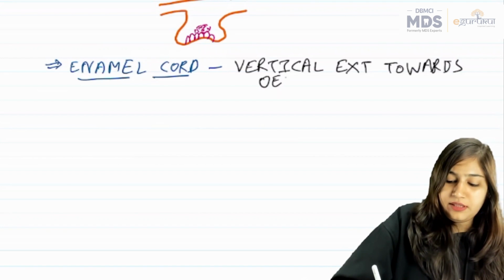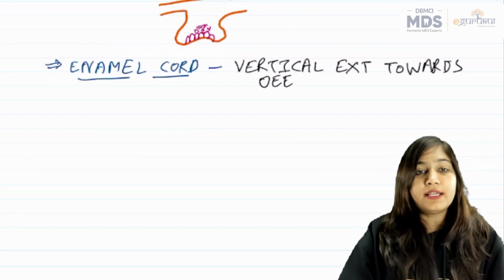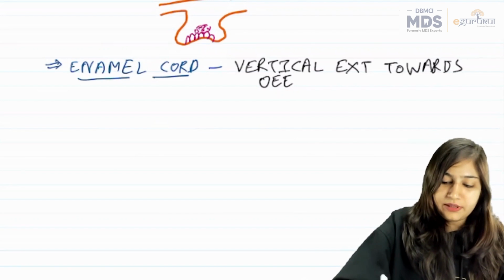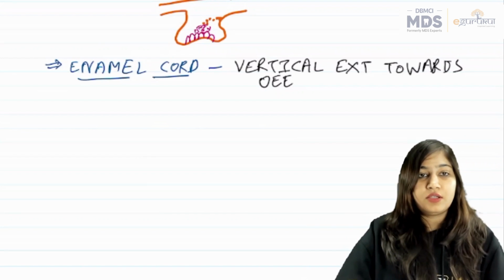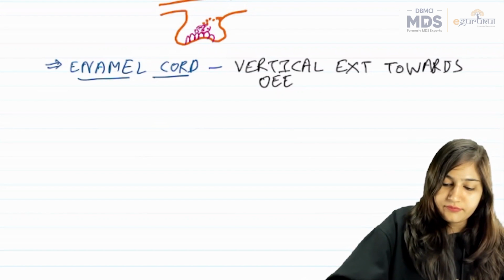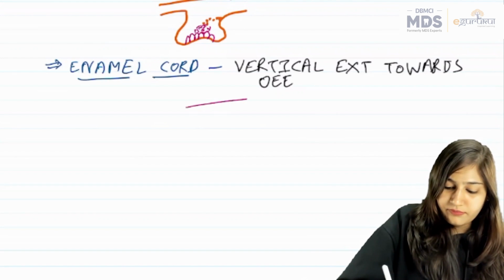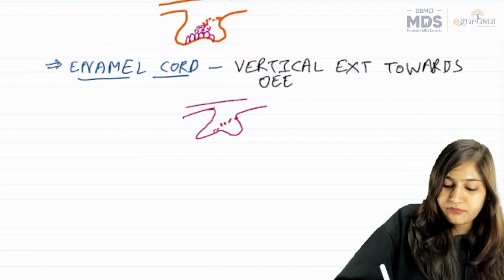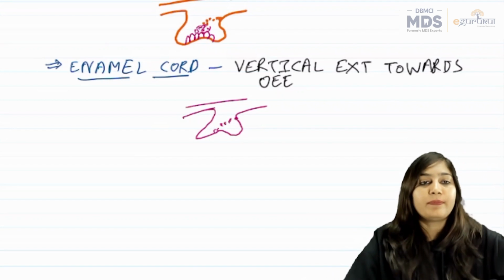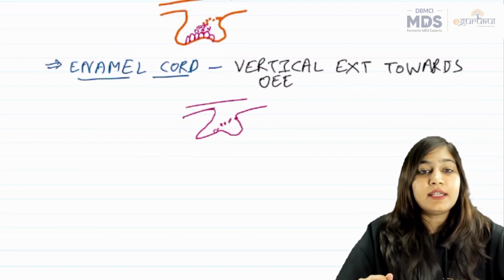So here this extension is enamel cord. Next is enamel septum.